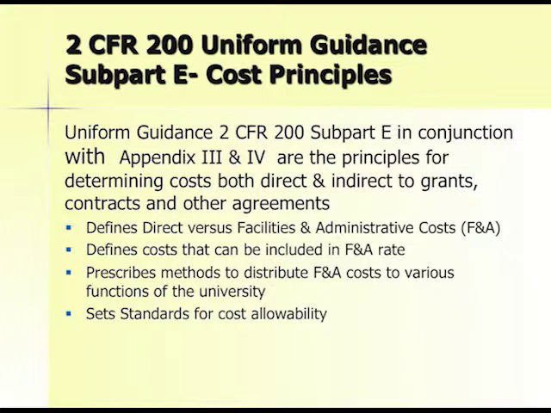Just for information, you probably wouldn't be involved in that when you're writing your budget. You're just worried about what can I charge directly and what's considered indirect. All that behind the scenes stuff is handled by that particular office. It also sets the standards for allowability of direct cost and indirect cost.